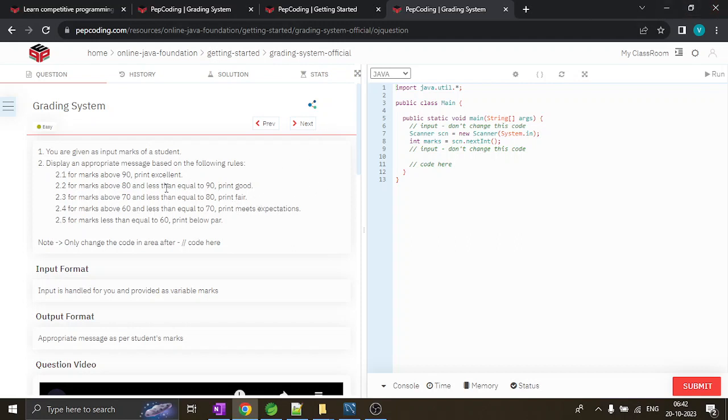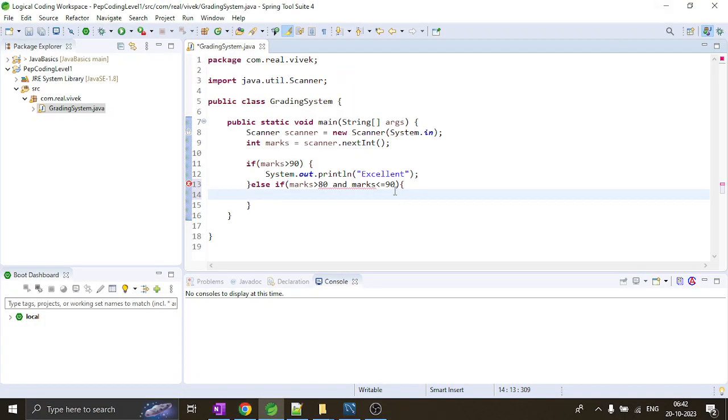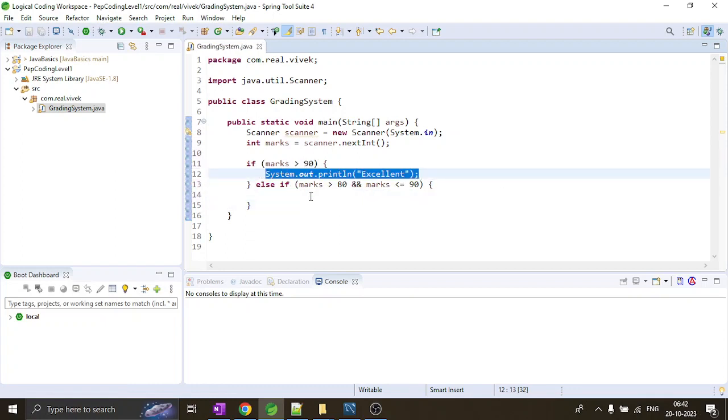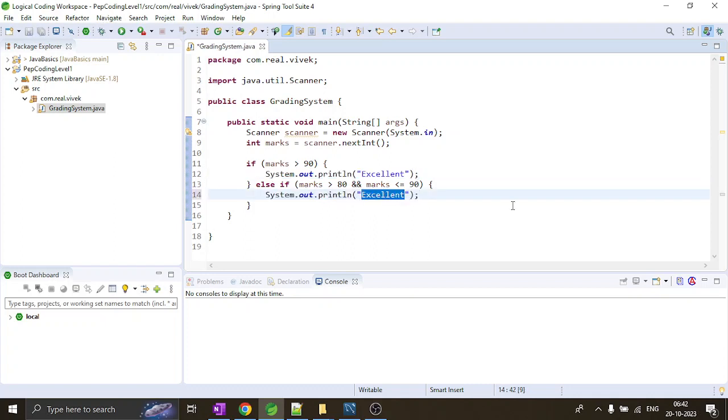Okay, so we have this less than equal to, so you have to keep that in mind and code. Okay, so why isn't it giving me the and? Hopefully this works. And for marks above 80 and less than equal to 90, we have to print good.